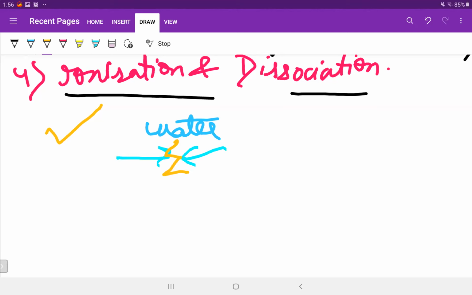When electricity is passed through this aqueous solution, the ions move freely and electricity is conducted. Is it clear?